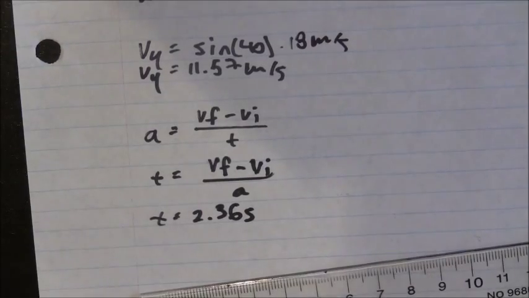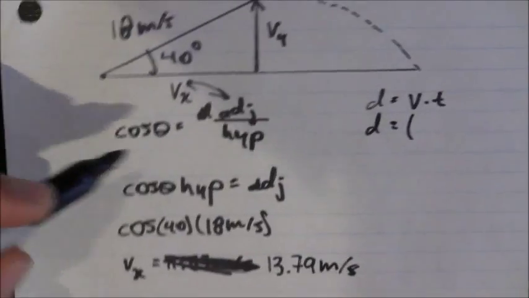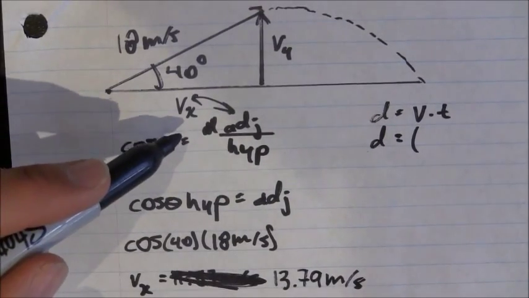That's time. And what do we do here? We just go back to this formula. We say the distance is our horizontal component of our velocity. That's all we care about.